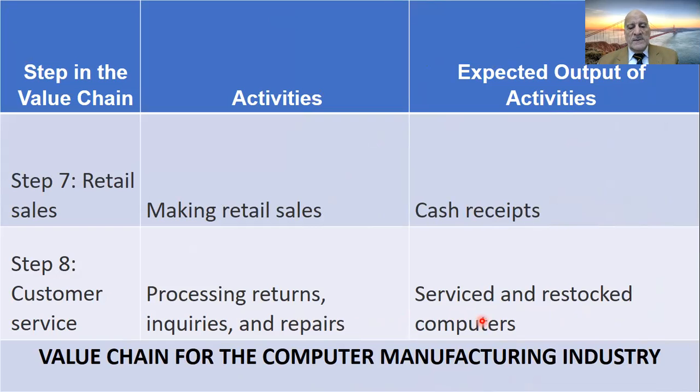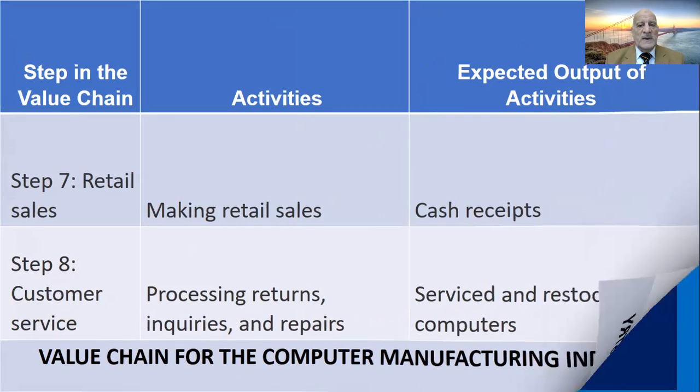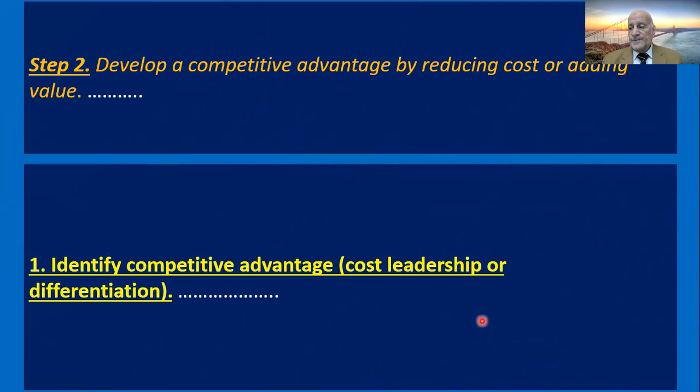The value chain, as shown now, demonstrates the various steps in the value chain and their activities and expected output of activities. This was for step number 1.